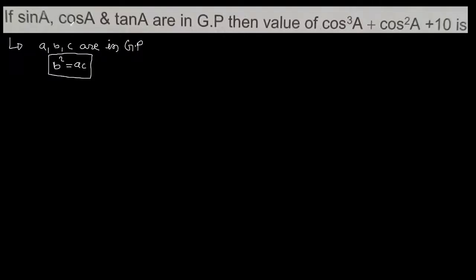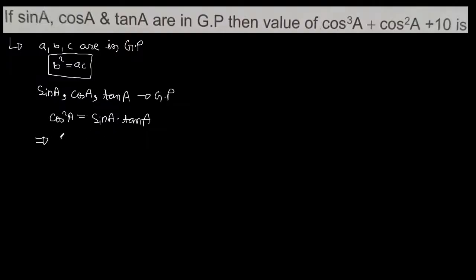So if sin A, cos A, tan A are in GP, we can say that cos square A is equal to sin A into tan A.